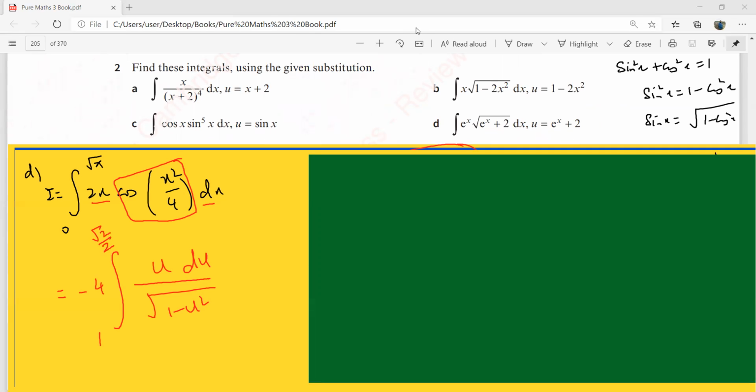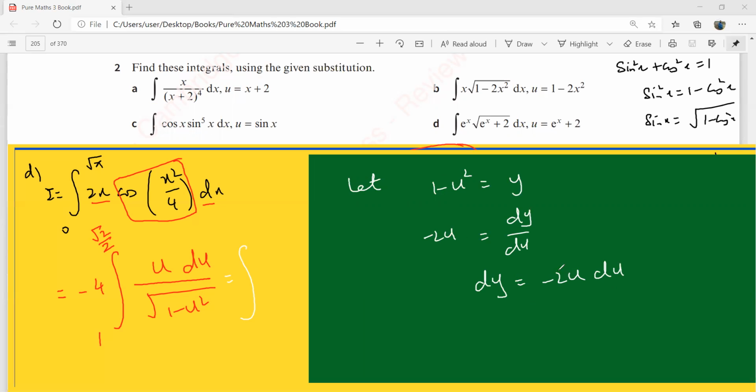You see, Waleed, here you will have to say, okay, let us keep 1 minus u square as y. So your dy by du is going to be minus 2u, and then your dy is going to be minus 2u du. I'm not changing the limits, I'm just telling what is going to happen here now.